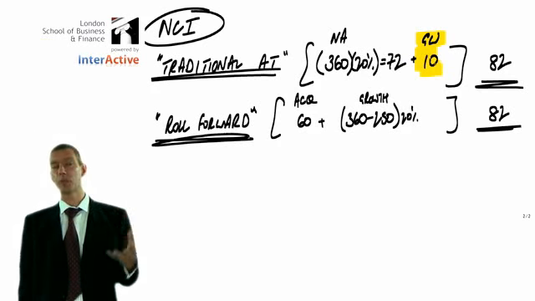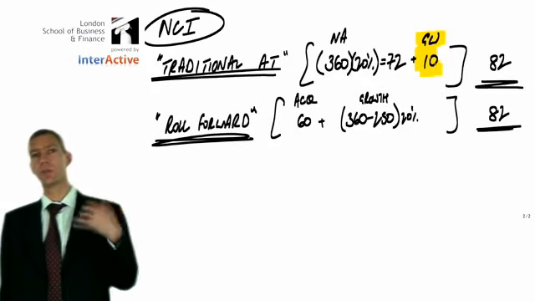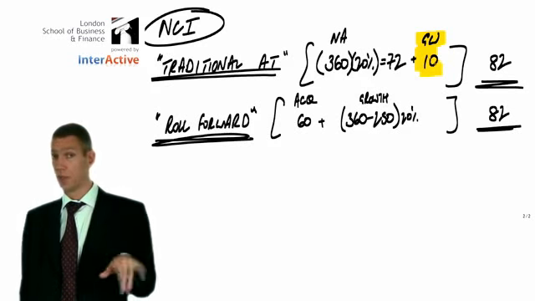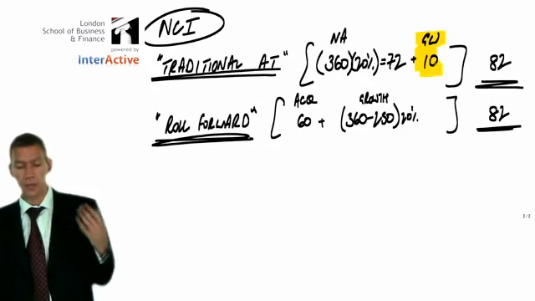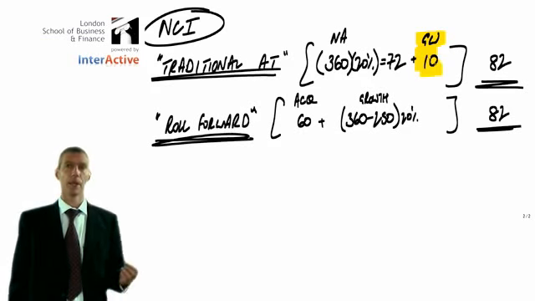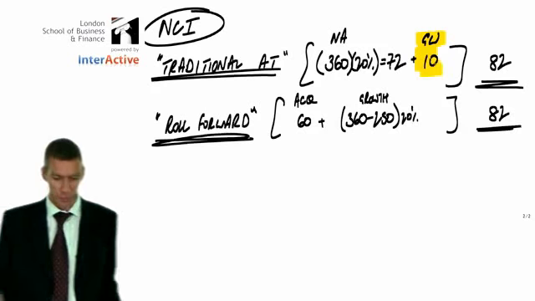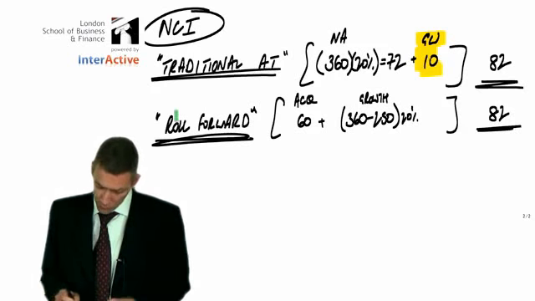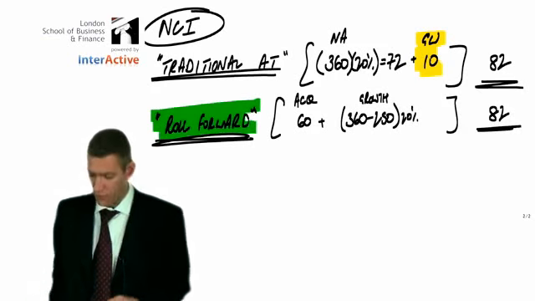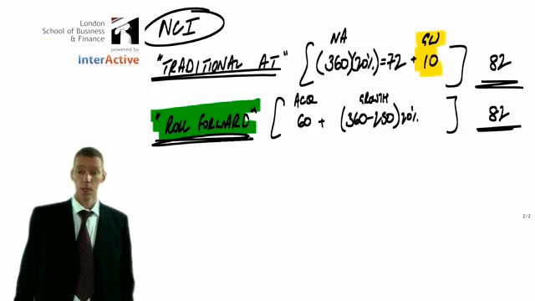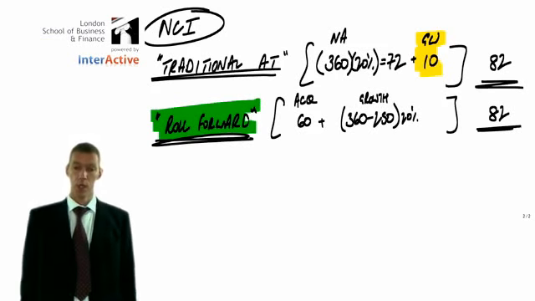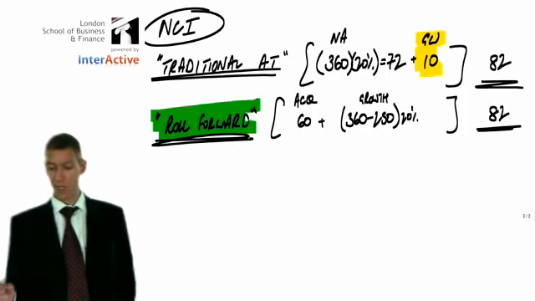You don't have to split out the goodwill between the controlling interest goodwill and the non-controlling interest goodwill. You don't have to do the goodwill split. Because you don't have to do the goodwill split, the roll forward method is considered preferable. And that's the one that I'm going to use by and large from now on. So I'm going to prefer the roll forward method for NCI.